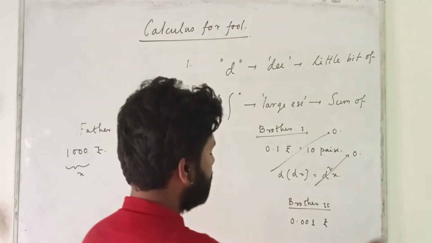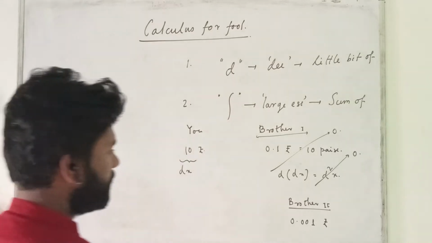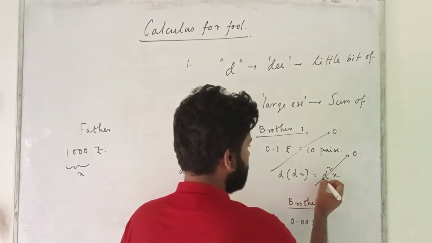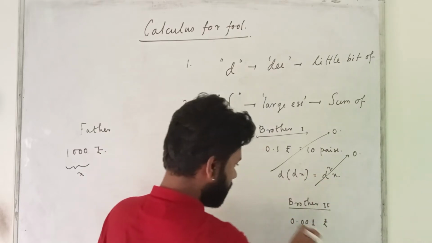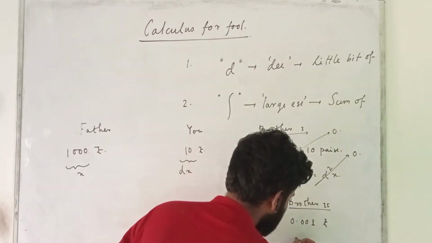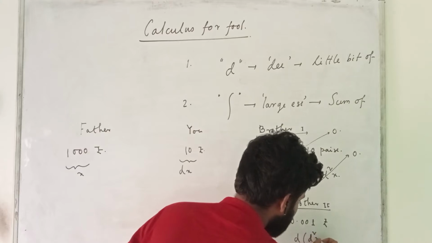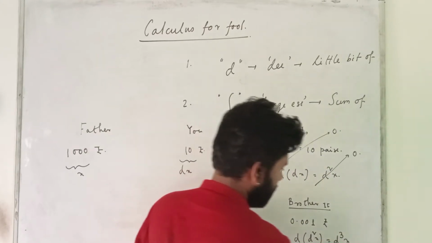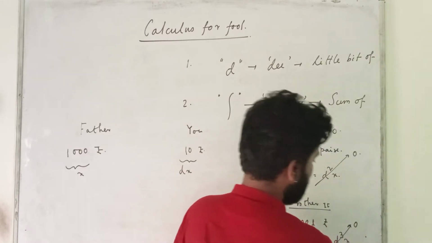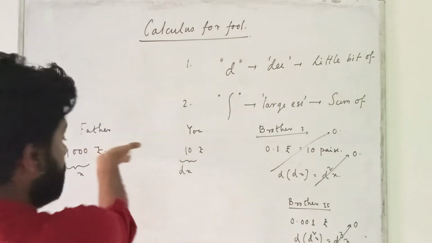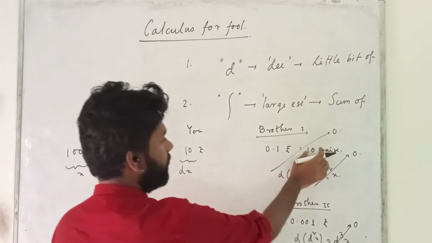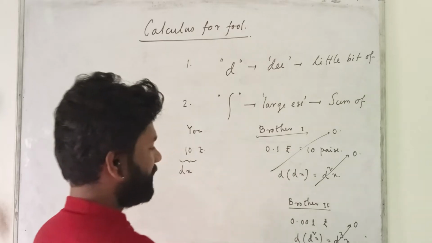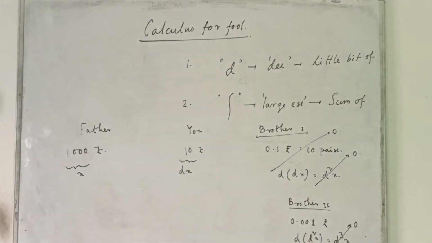It is another negligible thing, right? Because it is a very small quantity. So if it is d squared x, then another small fraction of this, the d of d squared x, is d cubed x. You can cancel it out. It is 0, in comparison with x, 1000 rupees, and 10 paise, and 0.001 rupees. You can cancel out.